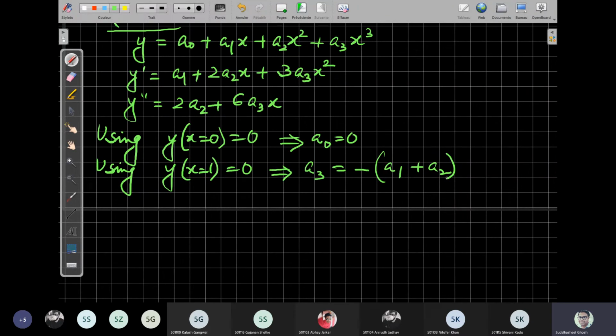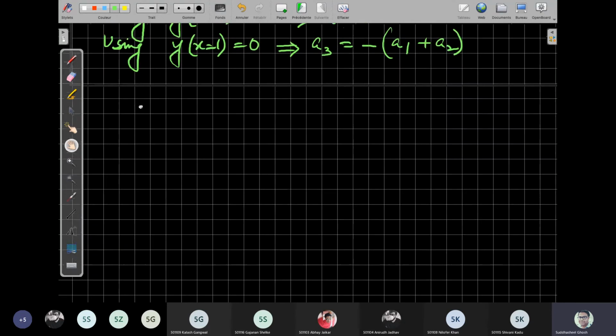All right. So now we are going to substitute into the equation. What is my equation? y double prime minus y equals x. So we are going to substitute into the differential equation and let us see what happens.